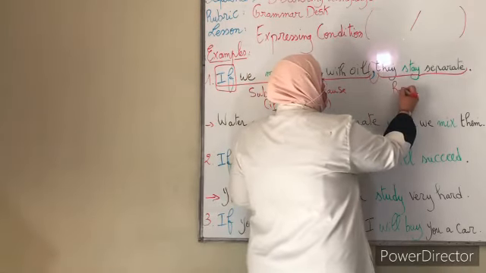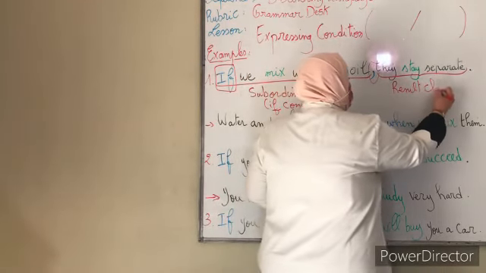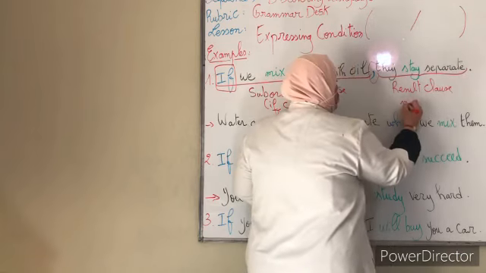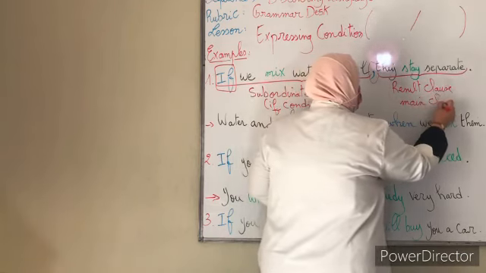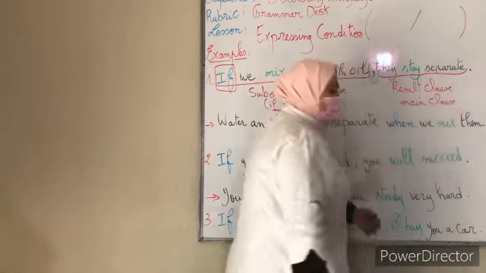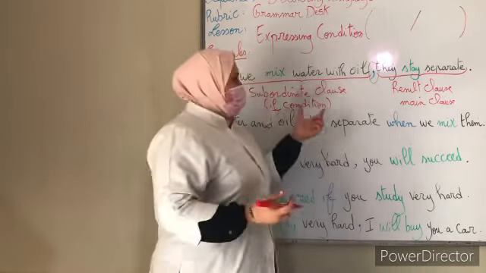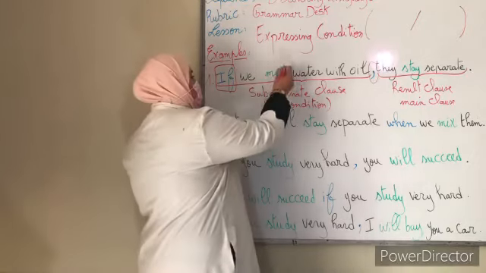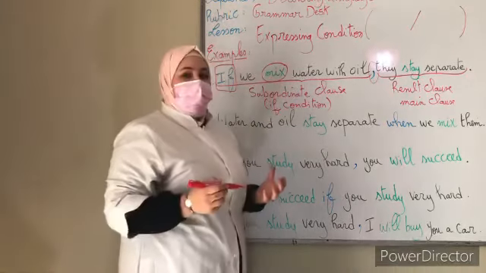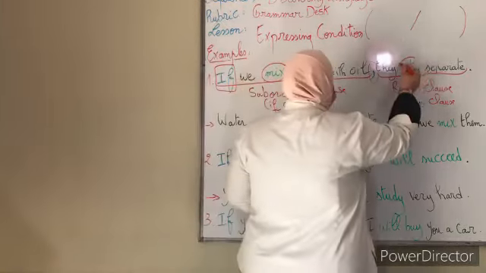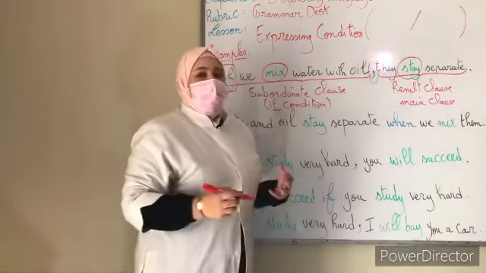So this is, we may say, the result clause. Is it clear? When we say clause, of course, it contains only one verb. You can see here, mix is the first verb and stay is the second verb.